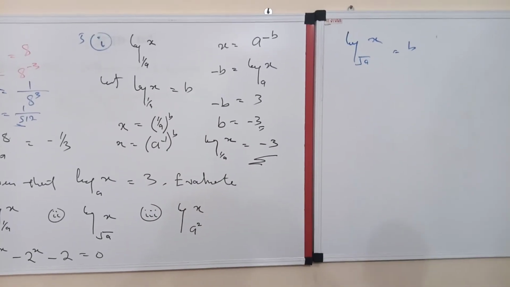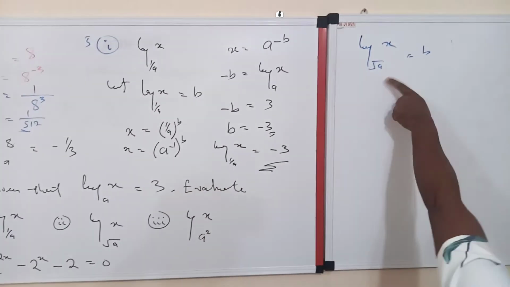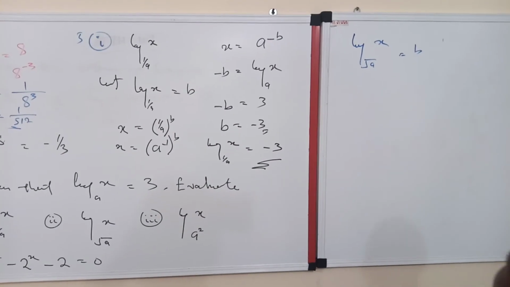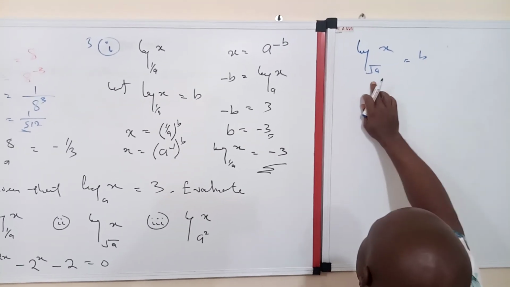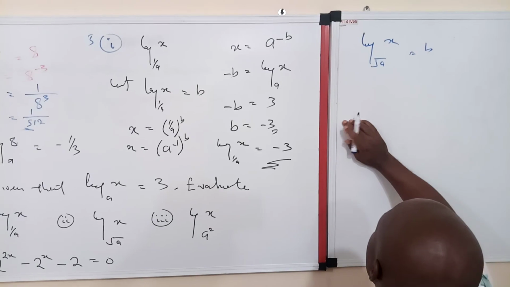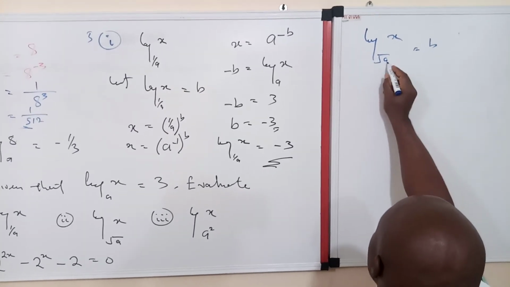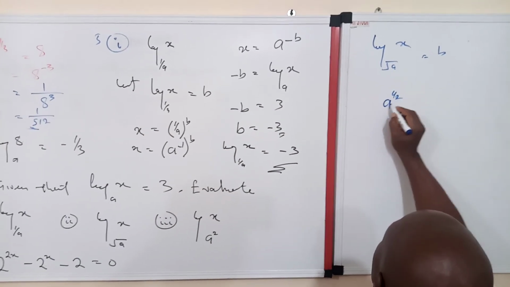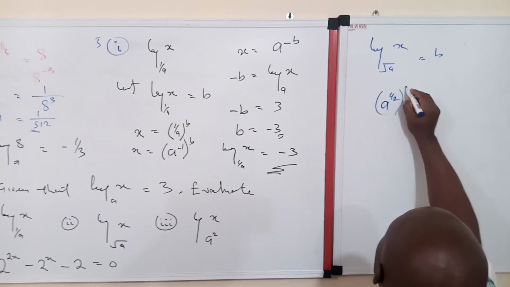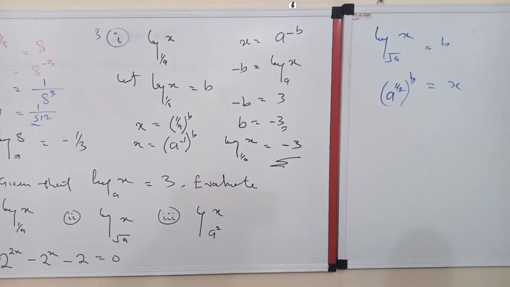If that is true, then we can rewrite this in terms of indices, as we also did in the other case. If we want to do that, this is the power, this is the base, and this is the number itself. The base is square root of a, which is a to the power of 1/2. This is raised to the power b, which is equal to the number x.